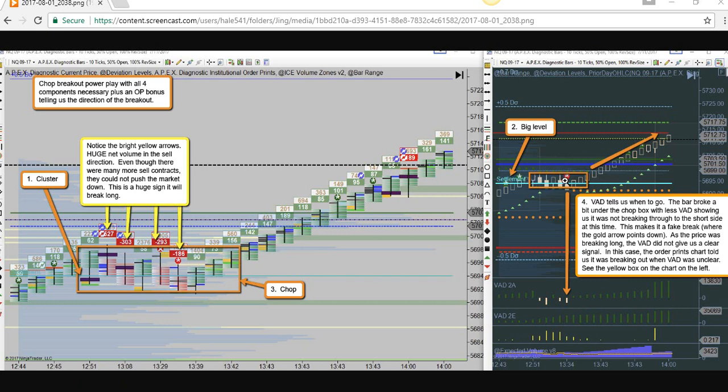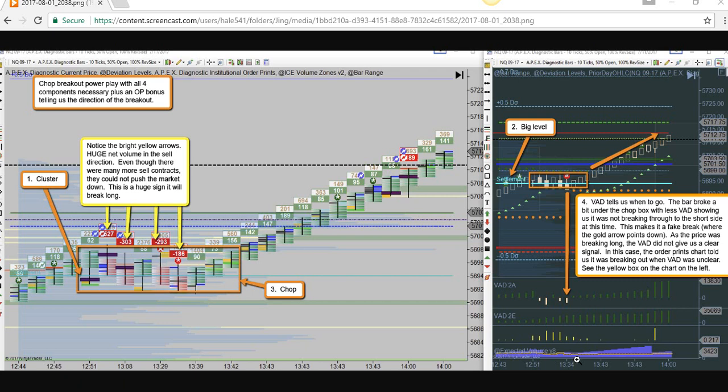Your levels, your chop. Now, VAD is doing what we want it to do by slowly building. Okay, but it's just not quite exceeding right here at this breakout. All right, something else for another time to look into is what we call our expected volume indicator down here.